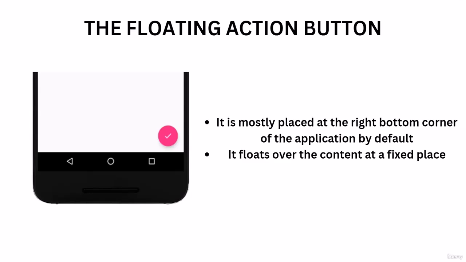Anything underneath it, you won't be able to see, because the floating action button sits just on top of your screen, a bit elevated. Now let's see how you are going to create a floating action button inside your application.